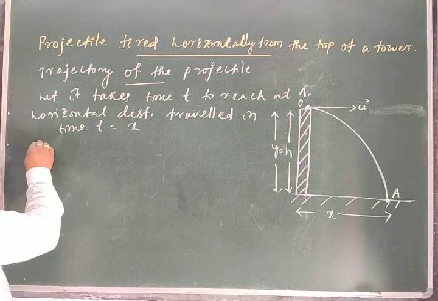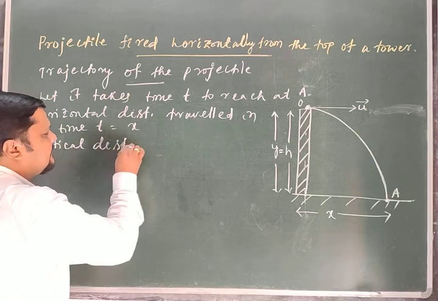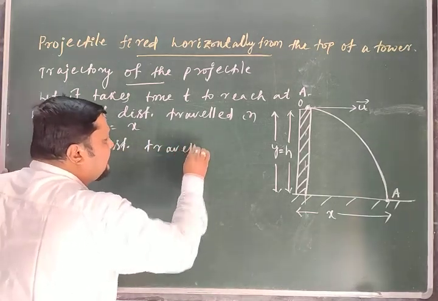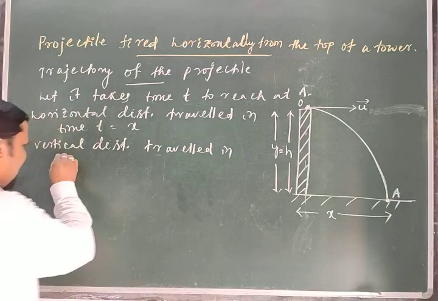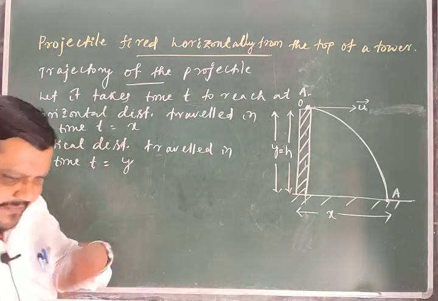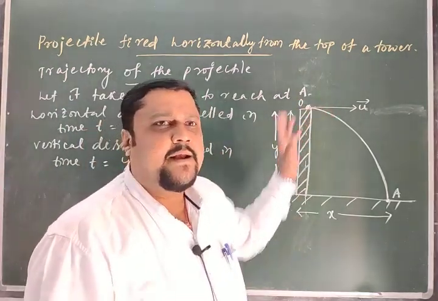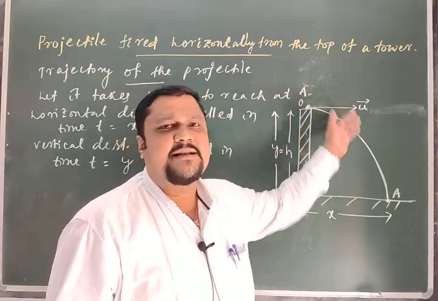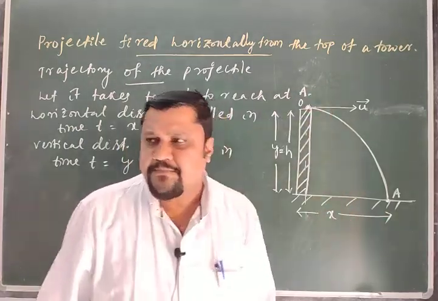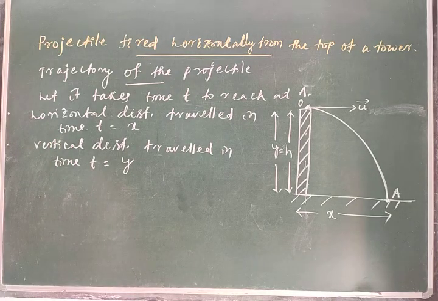The vertical distance traveled in the same time t is equal to y. So at time t equal to 0, it is projected, it is fired, it covers x distance horizontally, and vertical distance is y in this path, vertically downward. Clear?